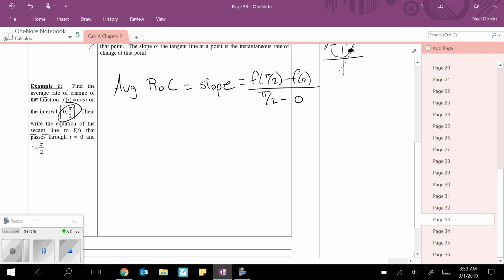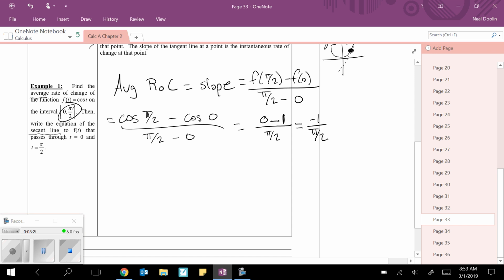So, okay, that would then be cosine of pi over 2 minus cosine of 0 over pi over 2 minus 0. Thinking about my unit circle, the cosine of pi over 2 is 0. The cosine of 0 is 1. And then pi over 2 minus 0 would just be pi over 2. And if we just clean this up so it wasn't a nested fraction, we'd end up saying the average rate of change would just be negative 2 over pi.